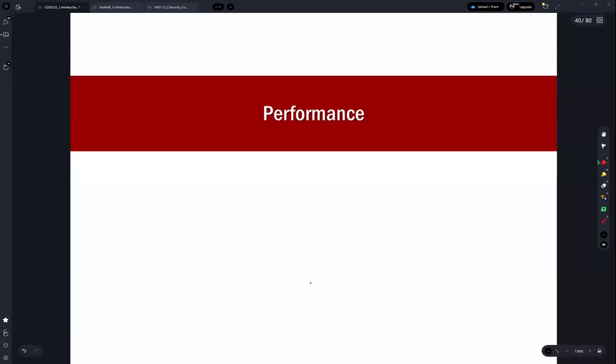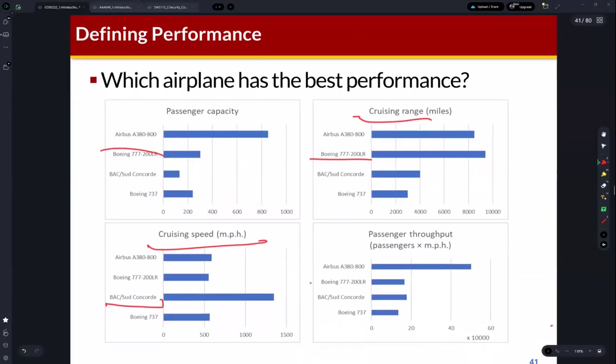So this time, we will learn about the performance of a computer system. I briefly showed the analogy of performance for airplanes. Then how can we measure, and also how can we compare the performance?